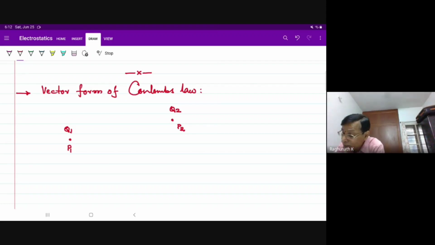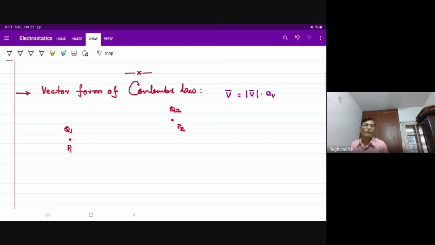Knowing the fact that any vector V bar is equal to what? Modulus of V bar into unit vector along V, correct? Any vector V bar is its unit vector, that gives the direction of it, of unit magnitude, multiplied by the magnitude of that particular vector.